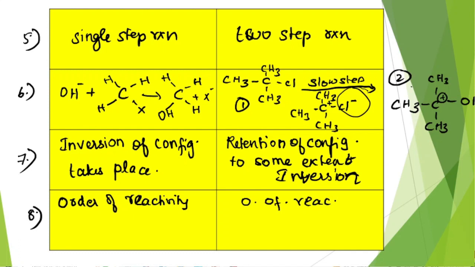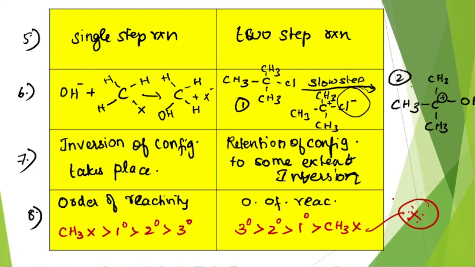So your order of reactivity is, listen, it is going to be CH3X greater than 1 degree, greater than 2 degree, greater than 3 degree. Here opposite, 3 degree greater than 2 degree, greater than 1 degree, greater than CH3X. So for 1 mark solving and for solving various types of problems, this order of reactivity will be very helpful. Clear?